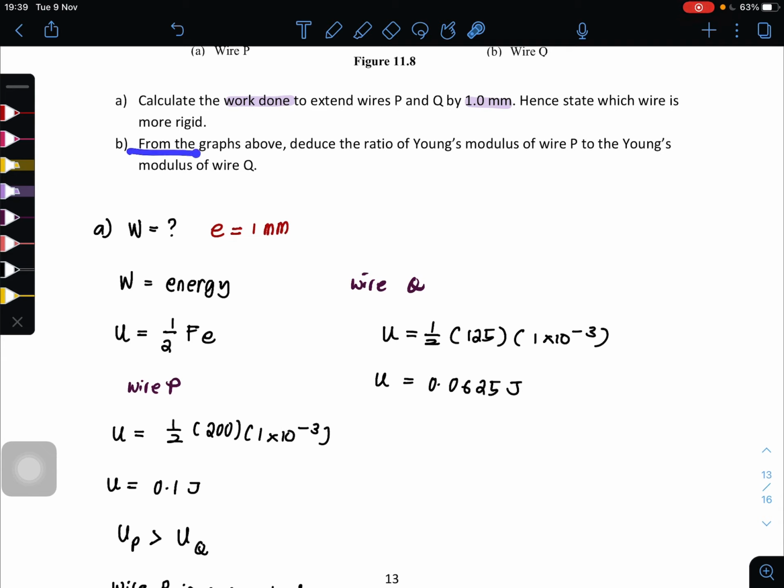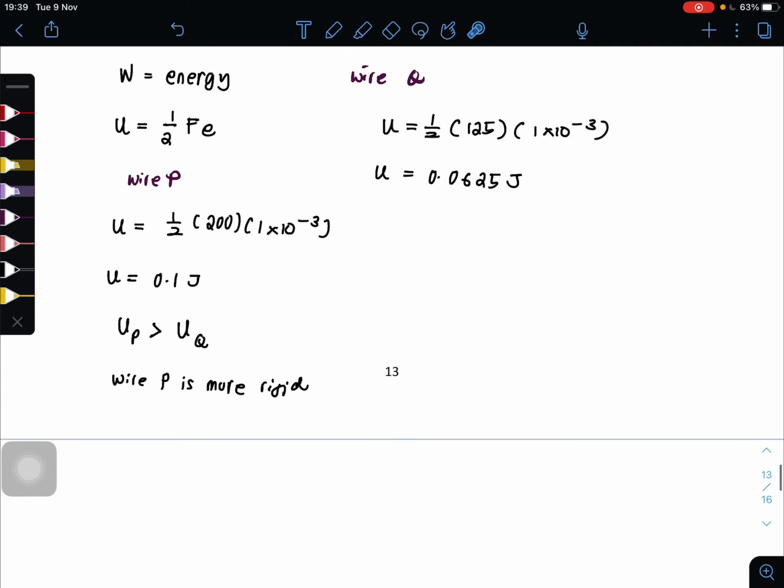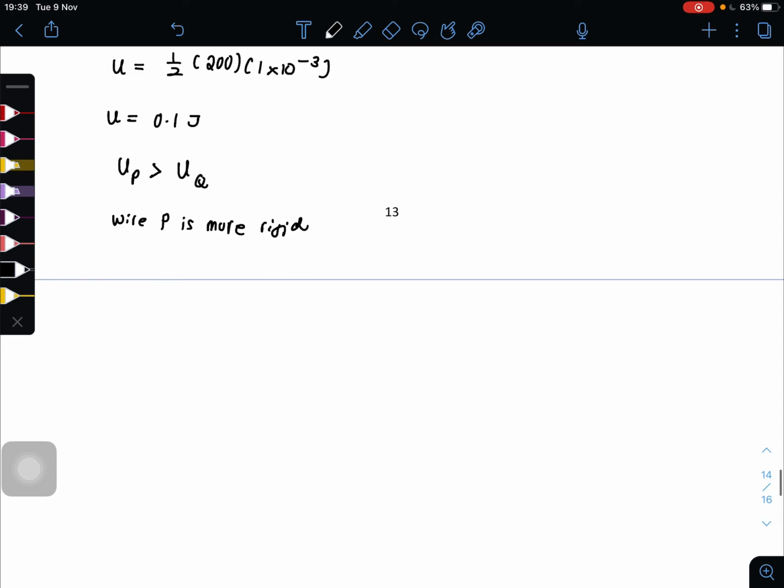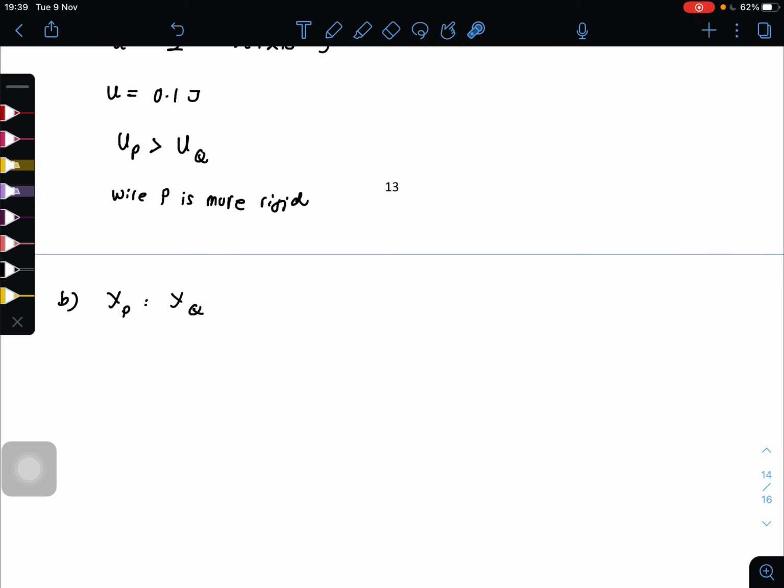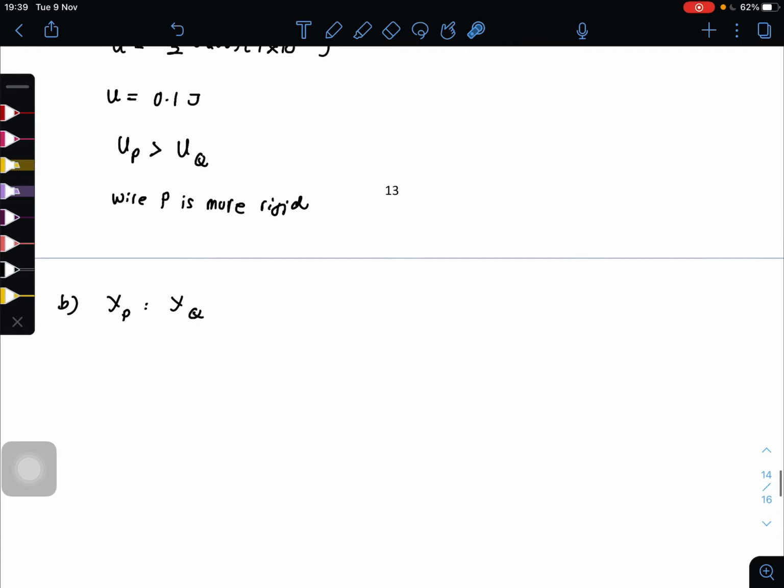Soalan B, from the graph above, deduce the ratio of the Young's modulus of wire P to the Young's modulus of wire Q. So we want to find the ratio, meaning that here we need to find the Young's modulus of each of these. Okay, kita keluarkan dahulu formula untuk Young's modulus, which is F L0 divided by AE.